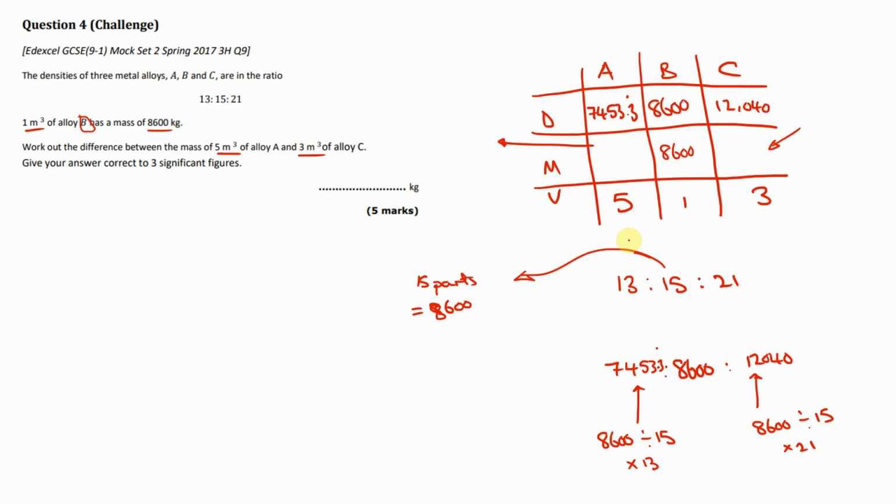So the hard part was finding the densities. Once we get past that stage, again, it's just a bit of working with our triangles, filling in our table. So density equals mass over volume. Cover up mass, that equals density times volume, so I'm going to do 7453.3 times by 5 and 12,040 times by 3.